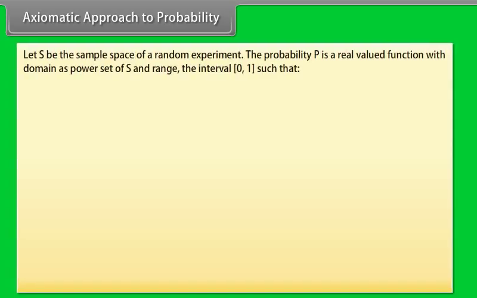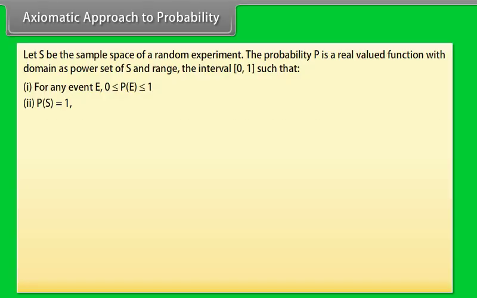Axiomatic approach to probability. Let S be the sample space of a random experiment. The probability P is a real-valued function with domain as power set of S and range the interval [0, 1], such that 1. For any event E, 0 is less than or equal to P(E) is less than or equal to 1. 2. P(S) is equal to 1.